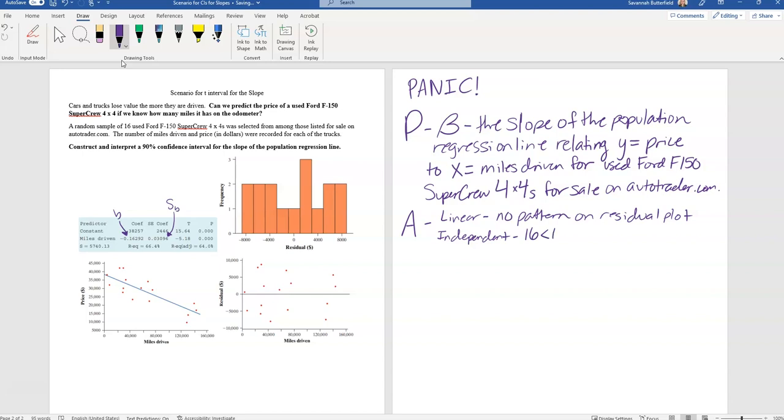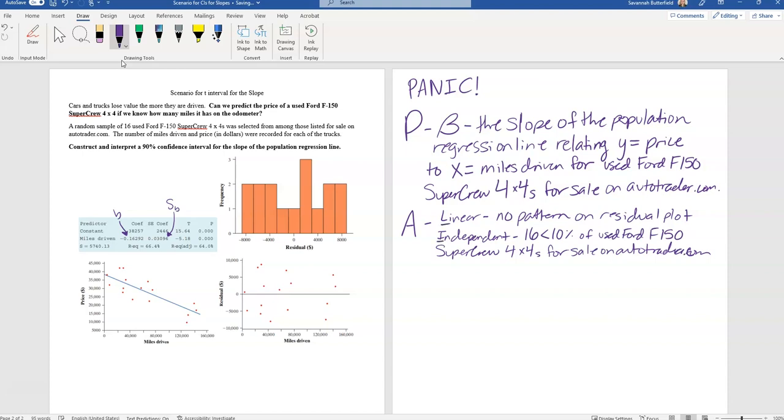So we're going to say 16 is less than 10% of, and again, our population is weirdly specific on this one, of used Ford F-150 Super Crew 4x4s for sale on AutoTrader. Again, weirdly specific.